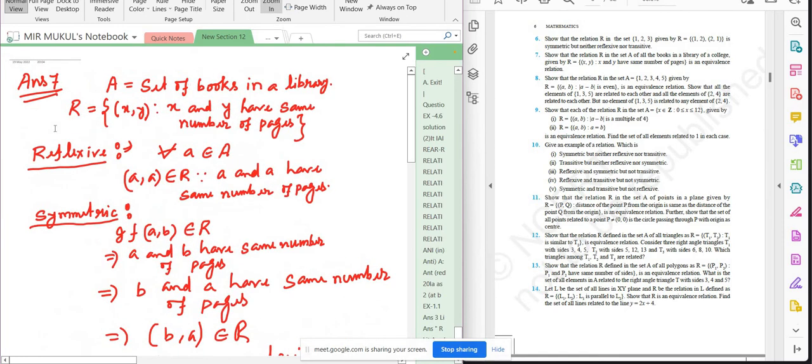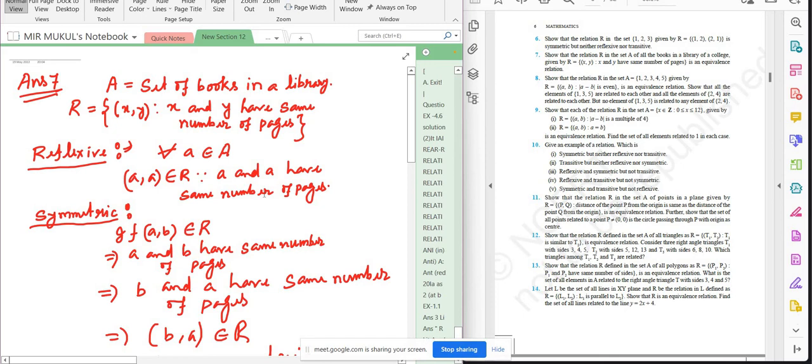First, given set A equals set of books in a library, R equals (x, y) such that x and y have the same number of pages, right? Then for reflexive, how do we prove? If any book we are taking from A, then a and a have the same number of pages, because the same book will have the same number of pages.